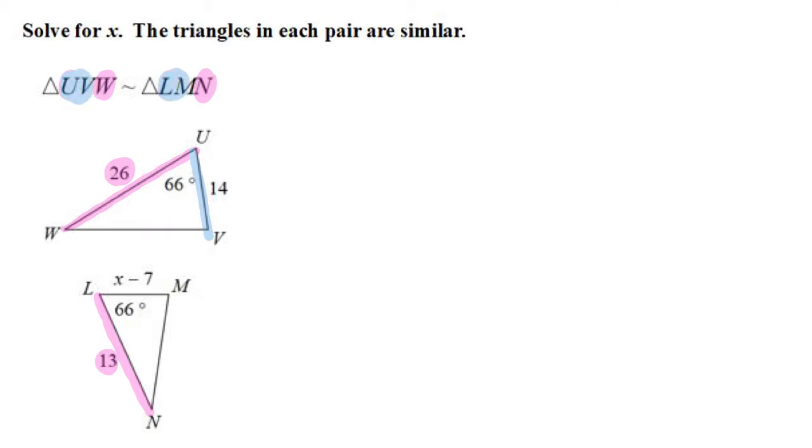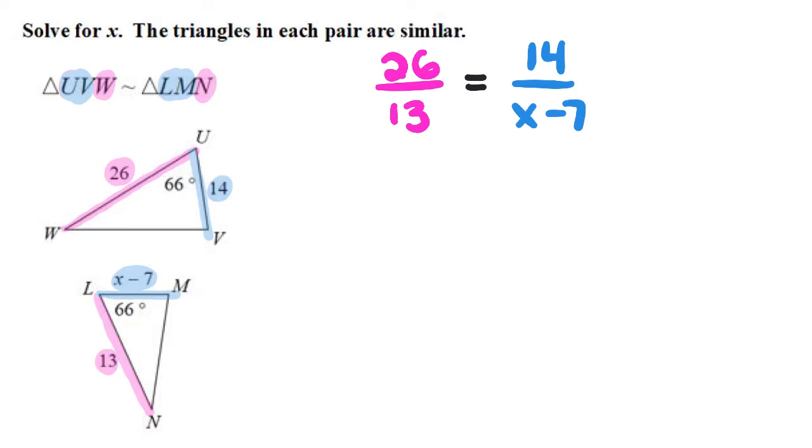So the first two letters of the next statement is LM. So the 14 corresponds to the x minus 7. Now if I set up my proportion, I have 26 over 13 is equal to 14 over x minus 7.